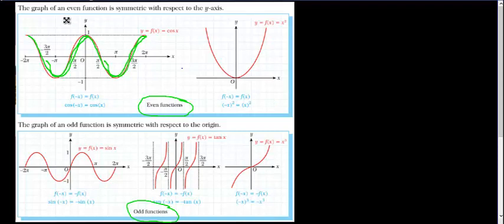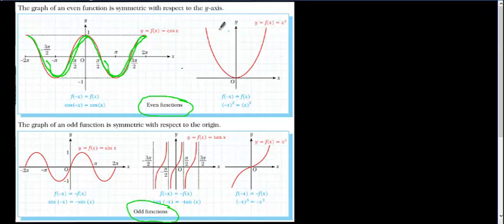As you see, we made our graph, the red one. We complete our graph. So the left side and the right side of the y-axis are the same. If it is like that, the function is an even function.